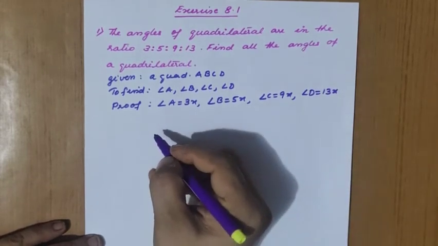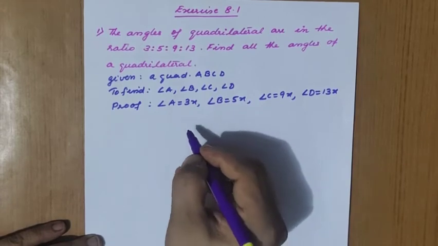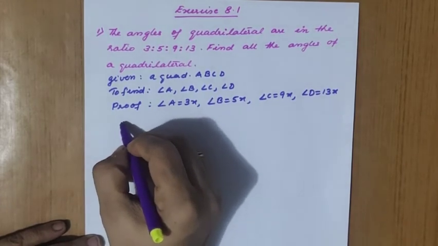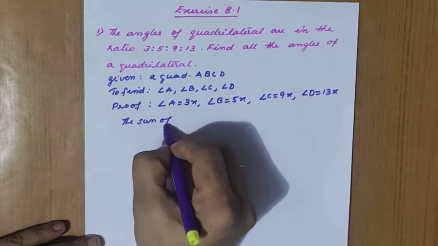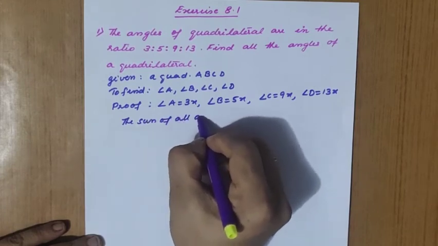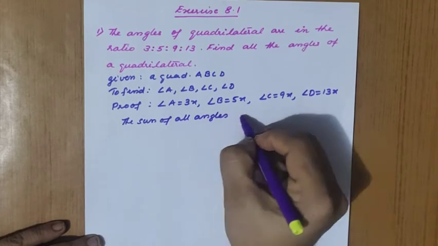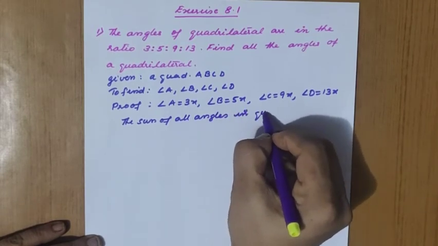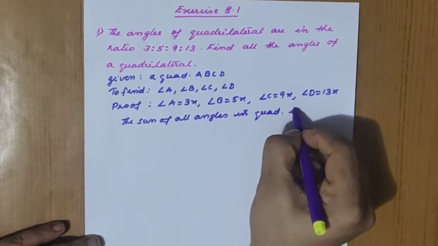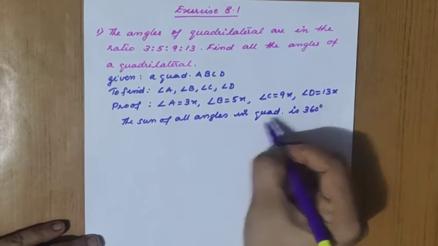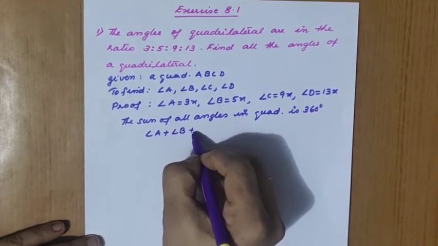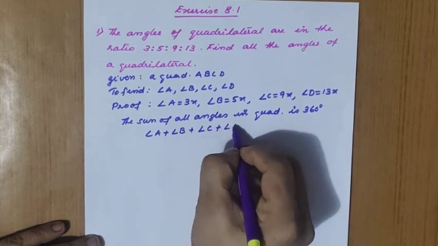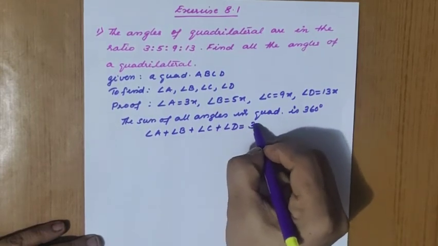Now what is the angle sum property of a quadrilateral? The angle sum property of the quadrilateral is 360 degrees. So we can write, the sum of all the angles in a quadrilateral is 360 degrees. That means angle A plus angle B plus angle C plus angle D equals 360.